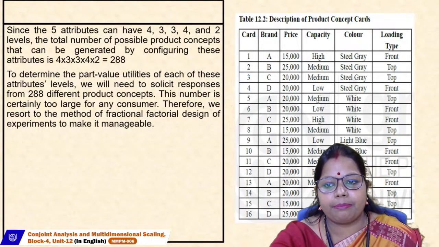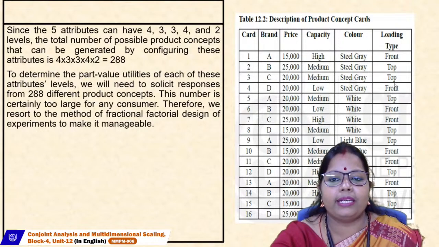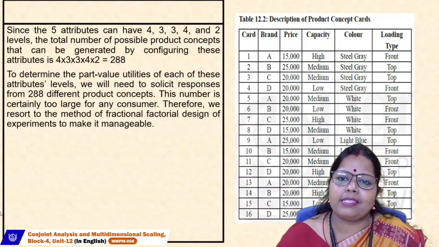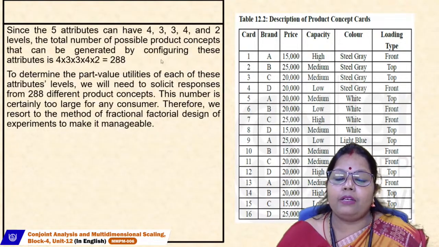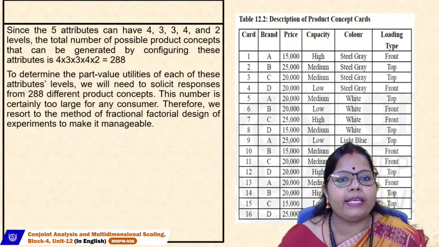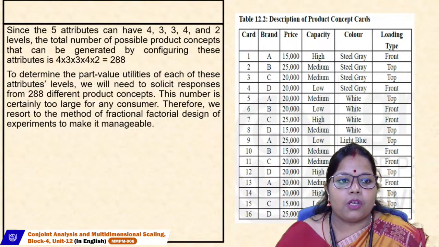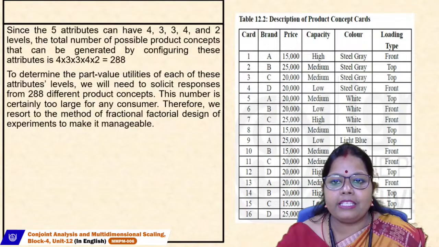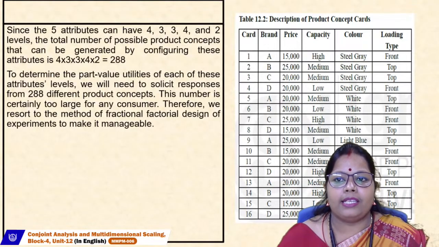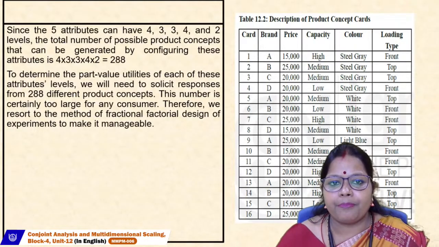Then capacity, then colors and loading types. So see the first card, card 1. Card 1 says it is brand A, the price is 15,000 and the capacity is very high. It is steel grey in color and it is a front loading washing machine. So the card wise representation of the washing machine has been described here.